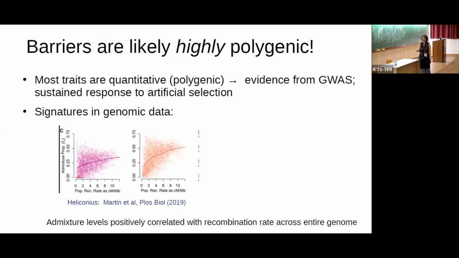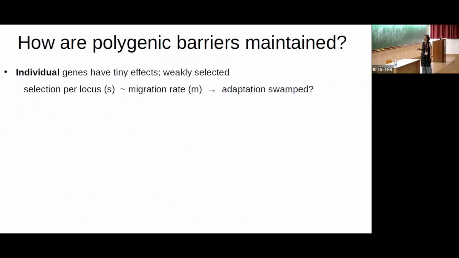Think through some of the consequences of having polygenic barriers. We've also seen that with a lot of polygenic traits, individual loci can have very weak effects and are weakly selected. So any such locus can be easily swamped, that is to say, if you have two populations, and different alleles are favored in the different populations.